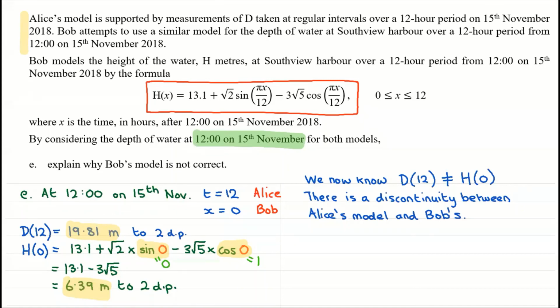So we know that Bob's must be wrong, because Alice has collected data to support her model, and Bob has just used pure assumption.